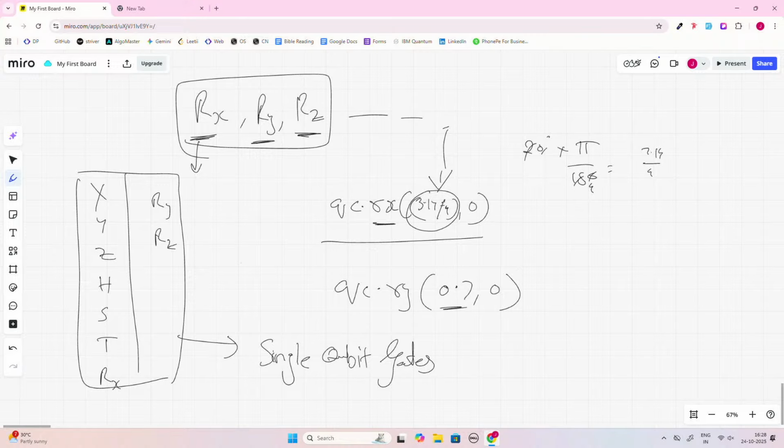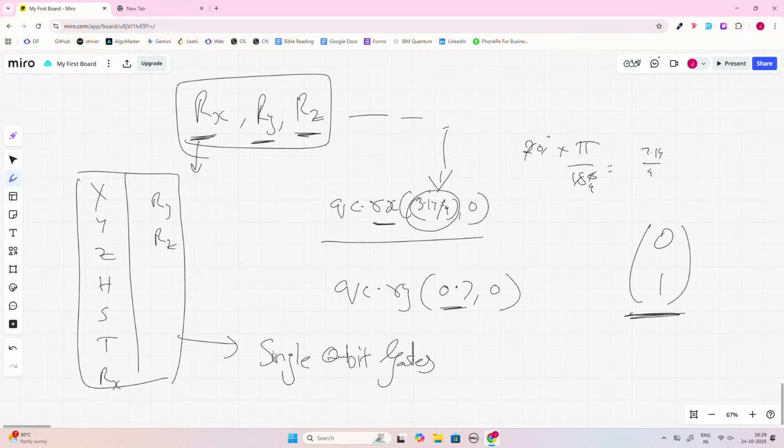Multiple qubits, or a single qubit? I am doing my operation on only one row. Yes or no? So it is a single qubit. All these gates I am performing on a single qubit only. That's why all these gates are called single qubit gates.